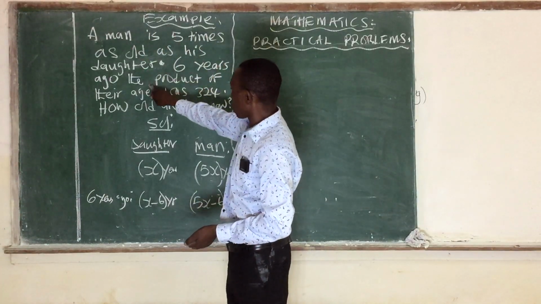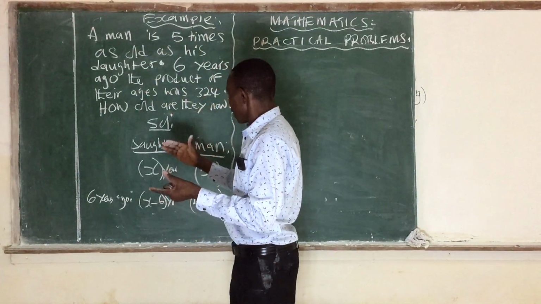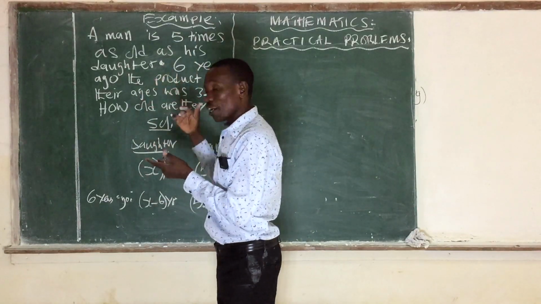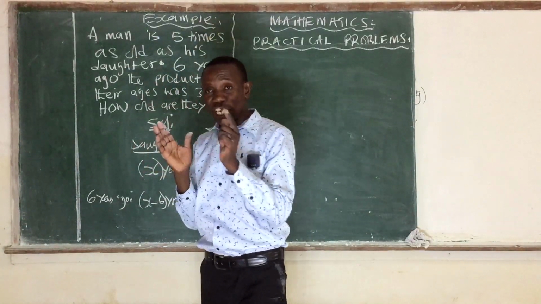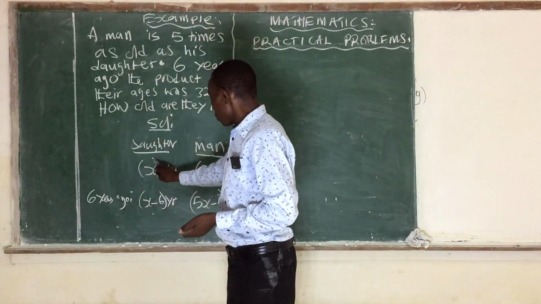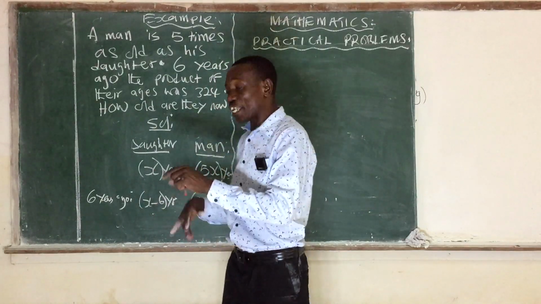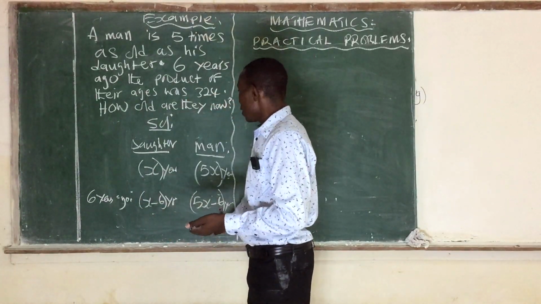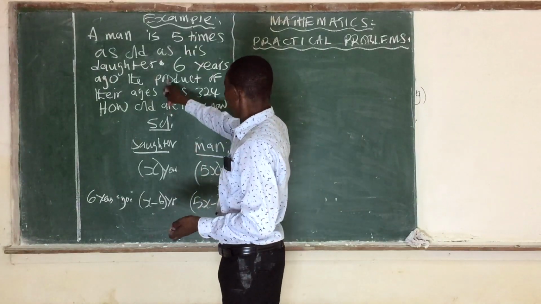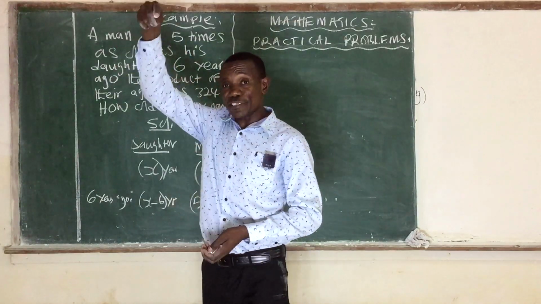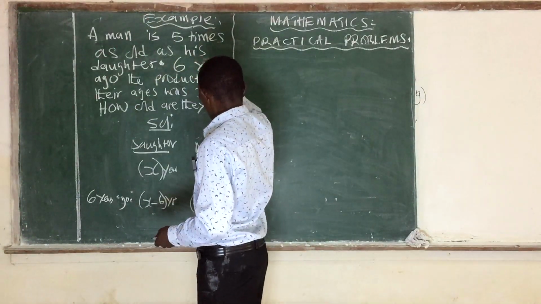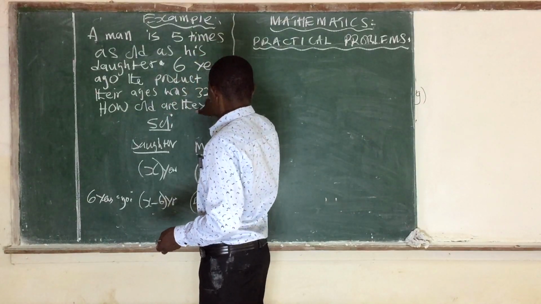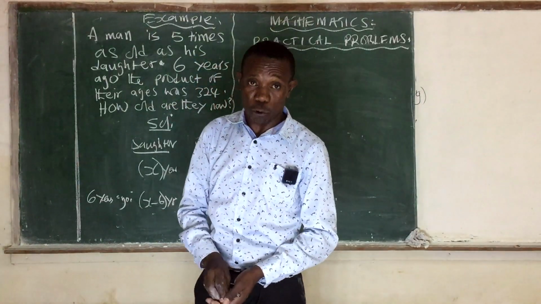Secondly, 6 years ago, what is it? Just 6 years ago, you'll be able to tell that you have got already a change in their ages. So it means the daughter will be x minus 6, and the man again automatically will be 5x minus 6. Now the statement also goes on to say 6 years ago, the product was 324.